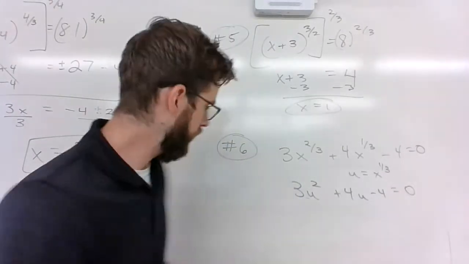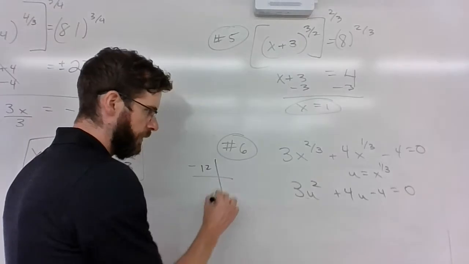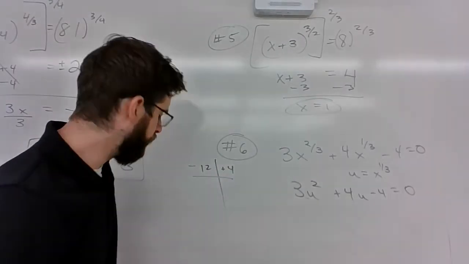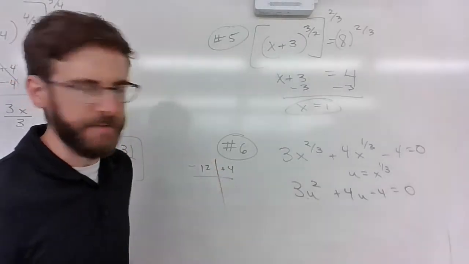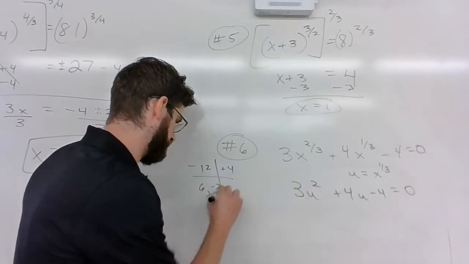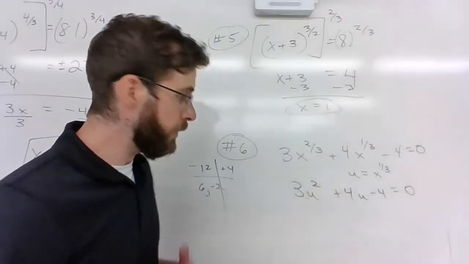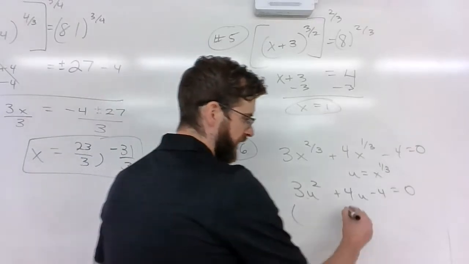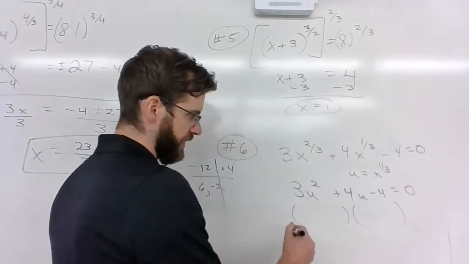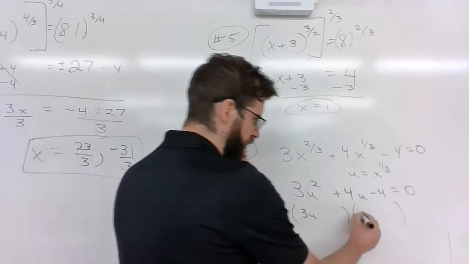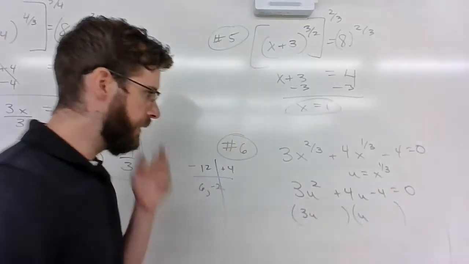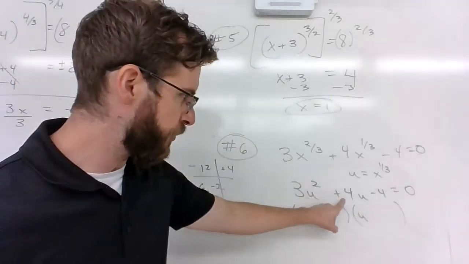So then we ask ourselves, can we factor that expression? Let's see, negative 12 has to add up to positive 4: 6 and negative 2, which means I can replace the middle with 6 and negative 2, or I can do that shortcut business that I was talking about, where you say, all right, it's got to be 3u and u to get 3u squared, and it's got to add up to 4 in the middle.